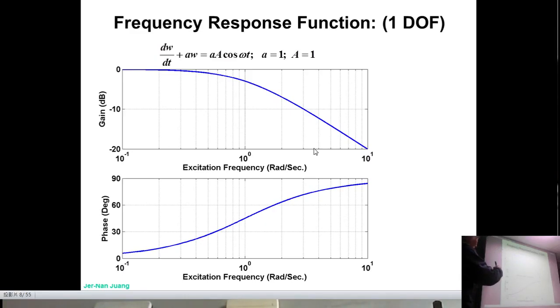So look at this curve, and you will be able to tell me what kind of frequency is better for the system. It depends on what you want. If this is a building, of course I wish all the earthquake frequencies would be on the higher side, right?